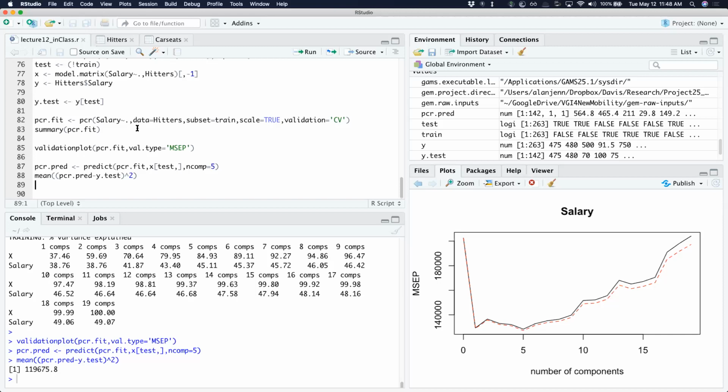Alan, I have a question. Yes. For the step to plot this validation plot and see how the mean square error changed in relation to the number of components, is that a way for us to visually select the number of principal components which would minimize the mean square error? Yeah, exactly. Although you don't have to do it visually. You could actually ask the PCR to give you the components that have the lowest mean squared error.